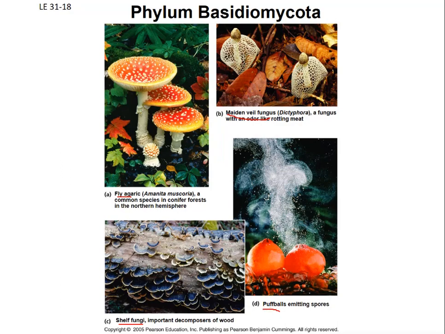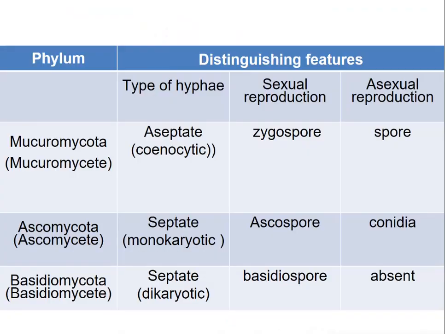All right, okay, and as a conclusion, you can see the 3 types of hyphae. Remember, this one is Mucoromycota. So phylum Mucoromycota, the fungi we call Mucoromycetes. Next, the second phylum is Ascomycota, and the third phylum is Basidiomycota.